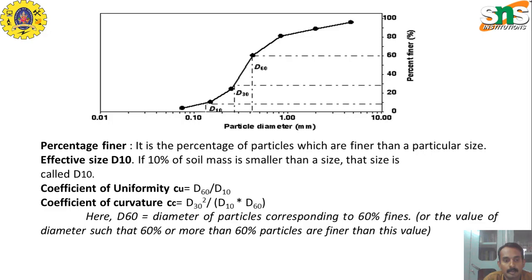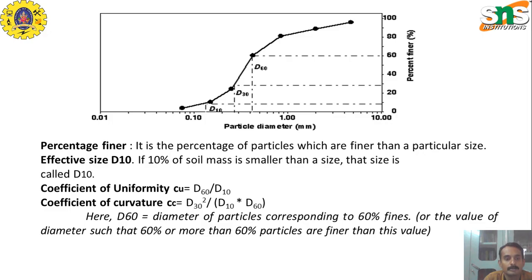So various terminologies followed in particle size distribution are: percentage finer, it is the percentage of particles which are finer than a particular size; and effective size, if 10% of soil mass is smaller than a particular size, that size is called D10. Next is coefficient of uniformity.